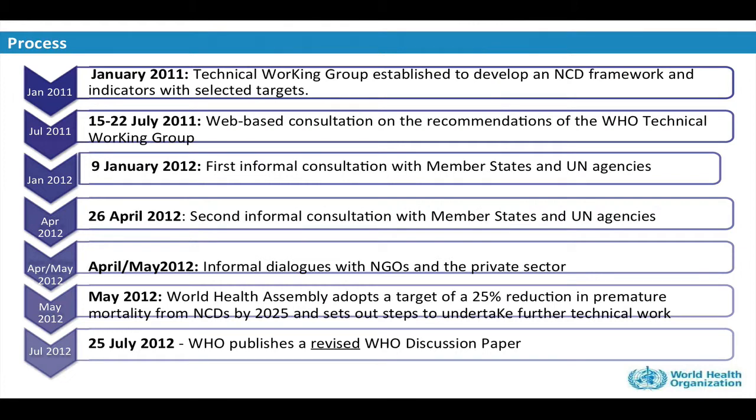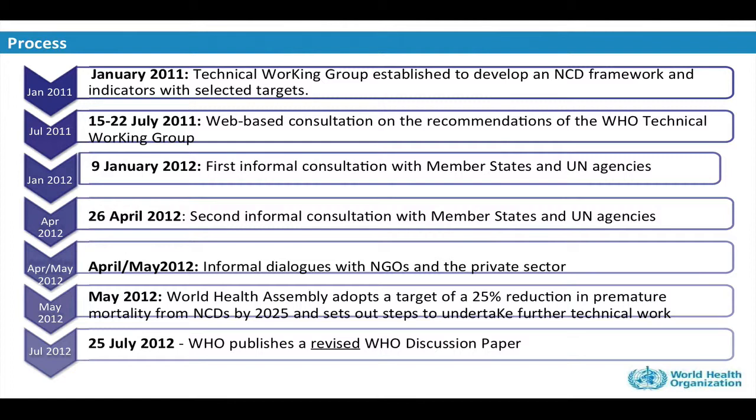Coming back to the policy process, this meeting was obviously a result of many steps before: working groups, consultations with member states, agencies. It was actually an extremely busy time for WHO, resulting after the meeting in further consultations about the targets and goals which were then adopted.